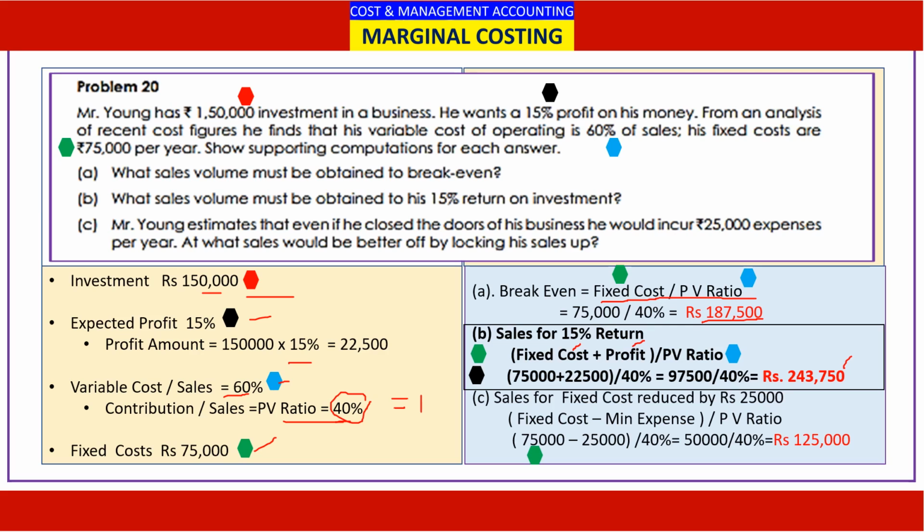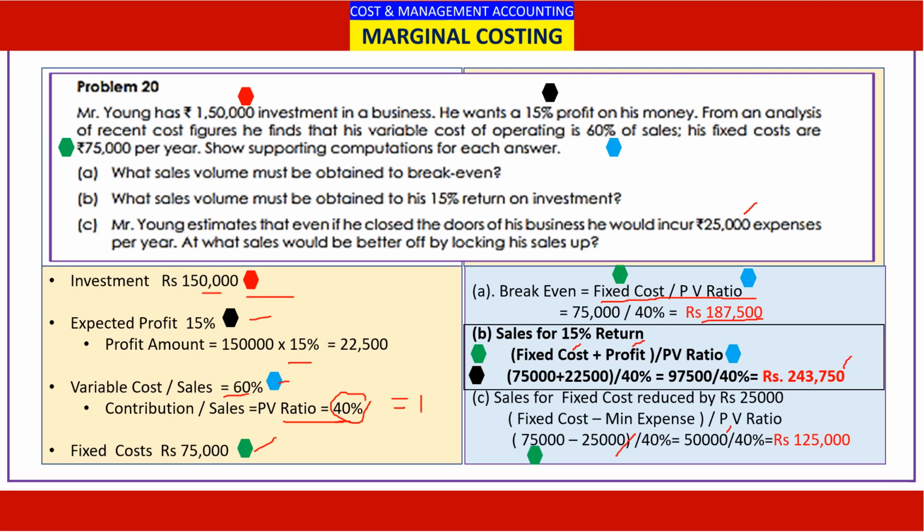Mr. Young estimates that even if he closed the doors of his business, he continues to incur 25,000 as fixed expenses. Therefore, reducible expenses are to the extent of 75 minus 25, meaning 50,000, and 25,000 of the fixed cost is irreducible.